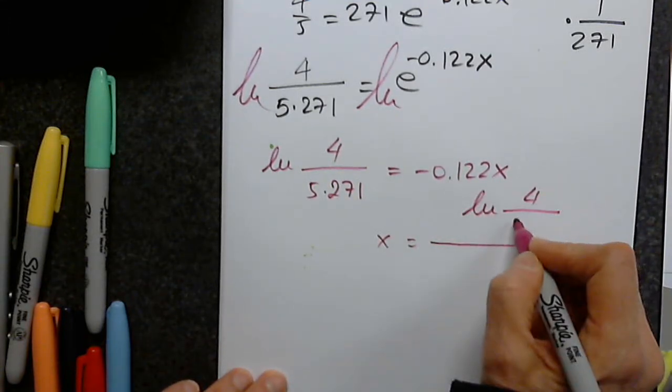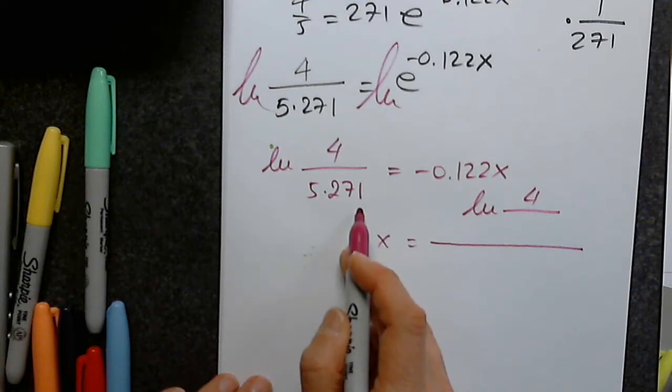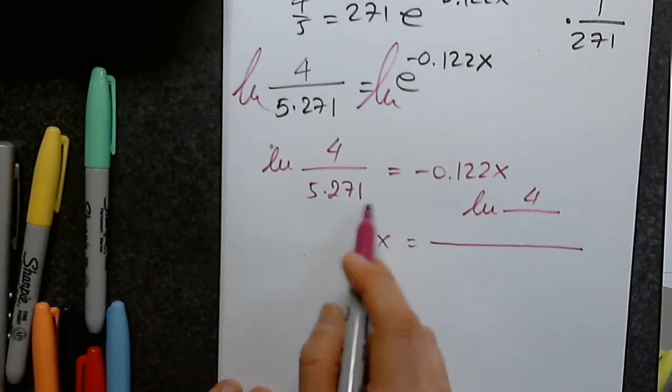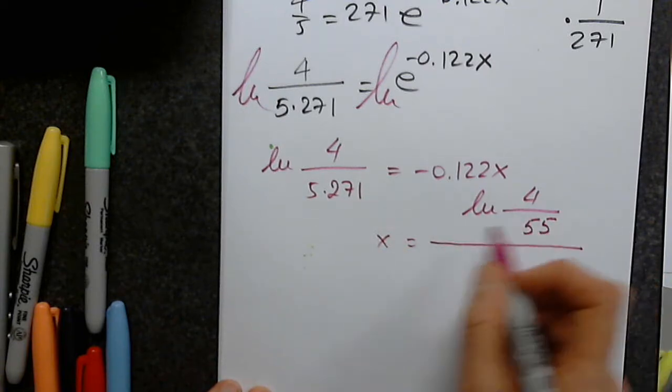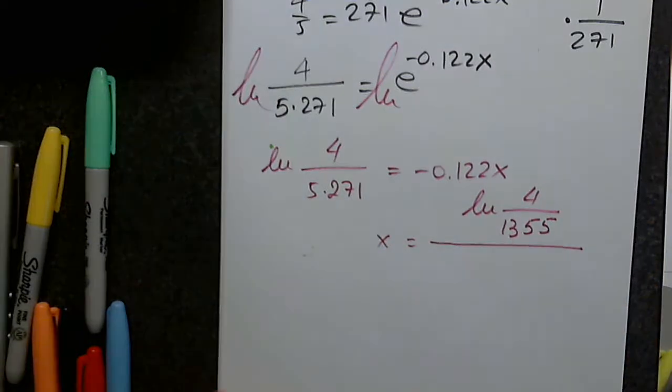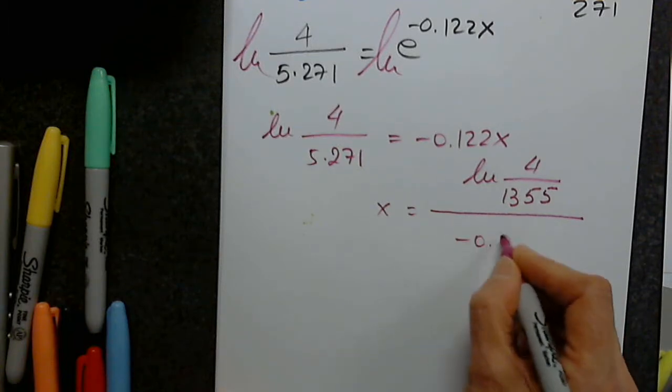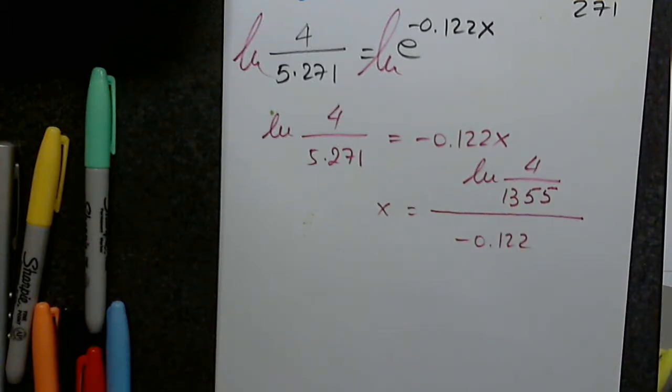Natural log of 4. Let's multiply because I don't want you to make a mistake when you plug it in. So it's, bless you, okay, over negative 0.122. So in the graphing calculator, carefully how you put it in. Okay, clear.